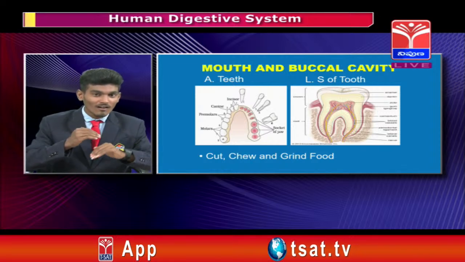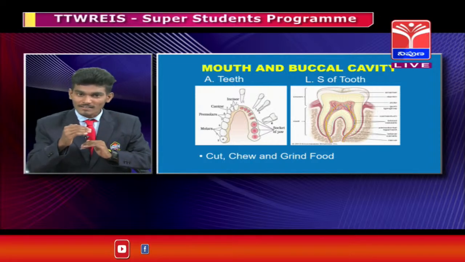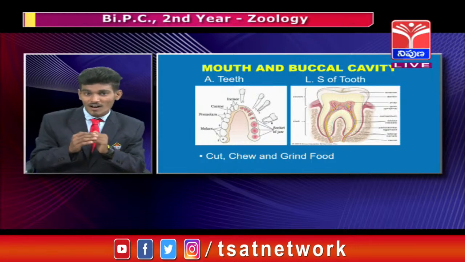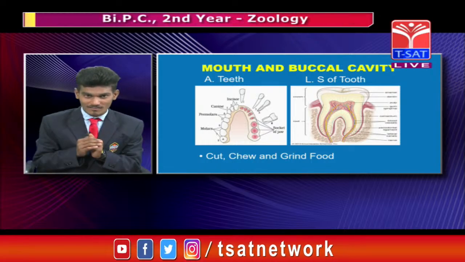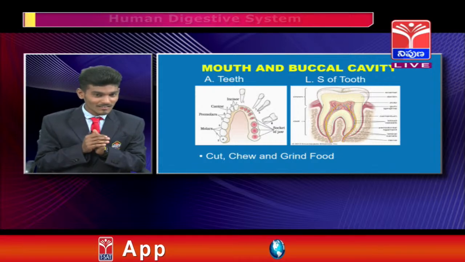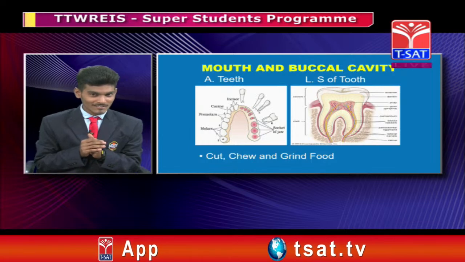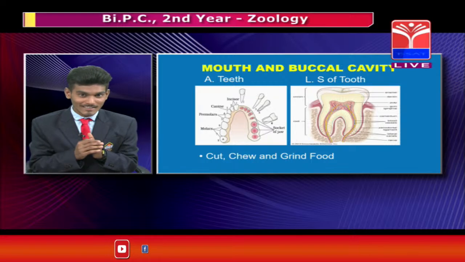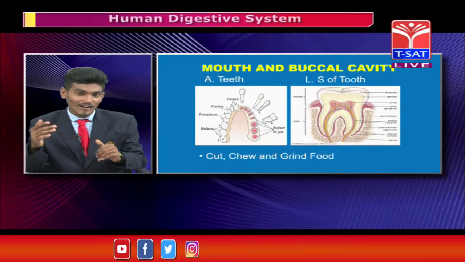They are temporary teeth and permanent teeth. This is known as diphyodont dentition. How many teeth are present in adult human beings? Yes, 32 teeth are present in adult human beings.